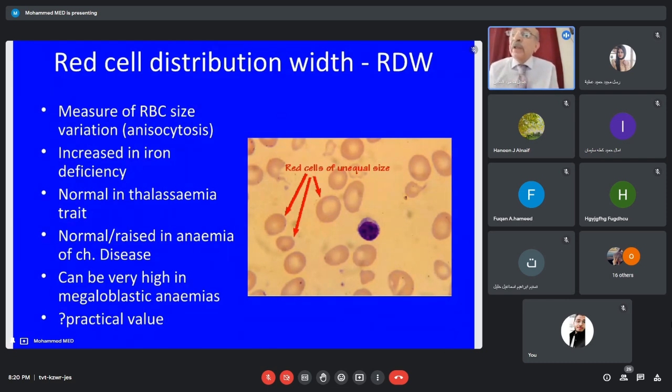The serum ferritin has a much higher diagnostic value. Normal in thalassemia, normal in chronic diseases, can be very high in megaloblastic anemias, and we will discuss this. Next slide, please.